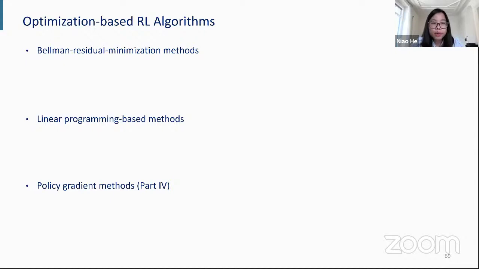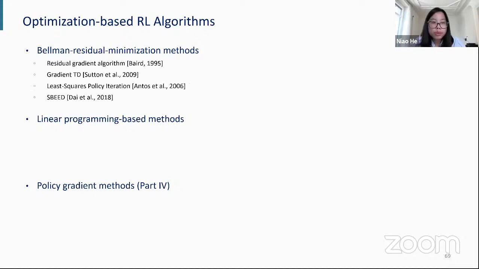The first category, which I call Bellman residual minimization methods, tries to minimize the Bellman errors. This includes many interesting algorithms like the gradient TD learning algorithms, and something I will discuss later called the SPEED algorithms that we proposed a few years ago.